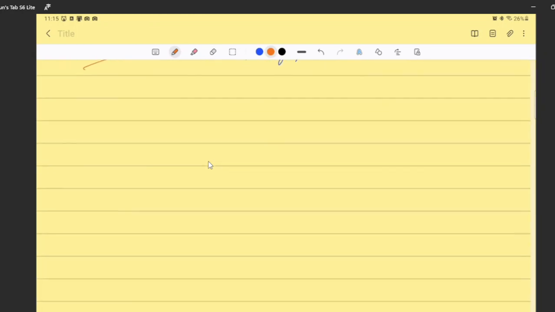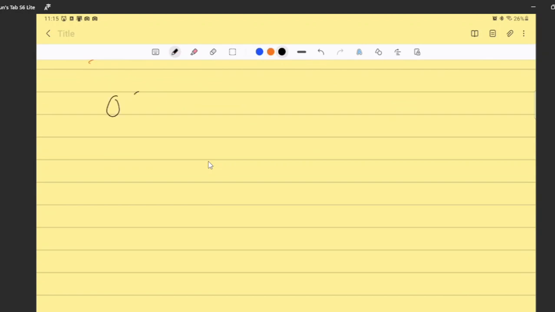So the algorithm takes O of n square time. Now what's the reason behind this? Let's see how input is entered and what n is.